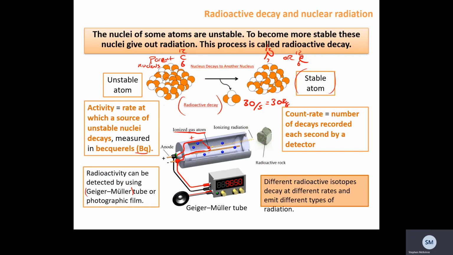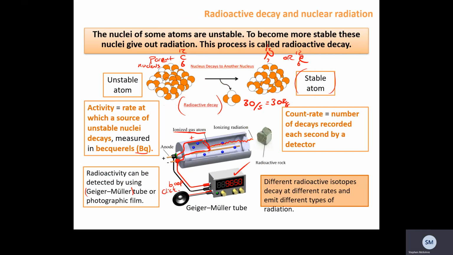It will be gas, because gas is what makes up the air around us. Now, this is a radioactive rock releasing radiation. That radiation will enter through the Geiger-Müller front. It will interact with a particle. That will become an ionized gas, and it will make a connection between the two points, the positive and negative points. This completes a circuit. We get a tick and we get a beep, or a click.